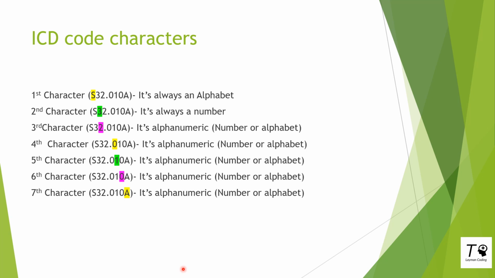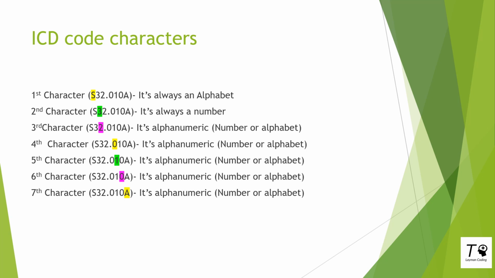As you know, the first character is always an alphabet, so definitely that code is wrong, and you can rule it out. Or if they have mentioned SS2.010A, that indicates the second character needs to be a number, but in this example it is an alphabet. That indicates this is a wrong code.